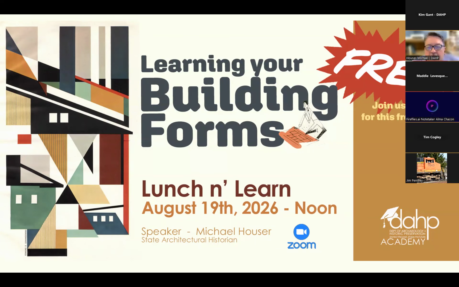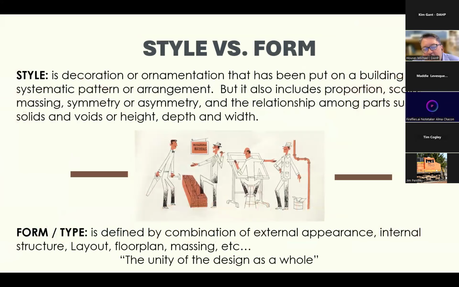As we'll see, I think probably the first thing to think about, the way that I think of style and architectural form, the real difference for me, the easiest way to think about these things, is style is applied ornamentation to a building. So if you think about just the outside of a building, what is attached to the outside?